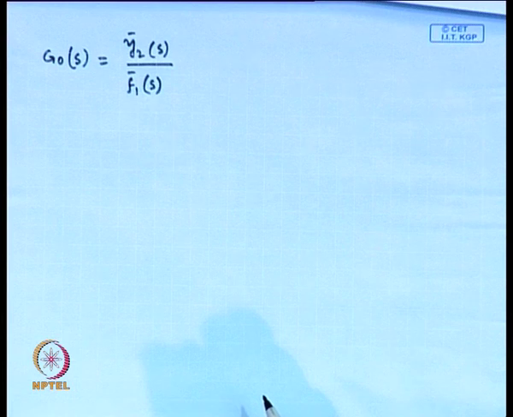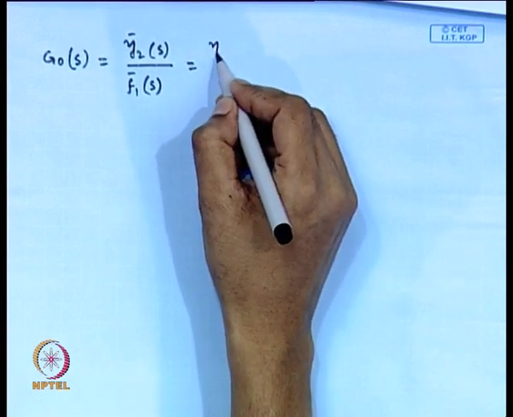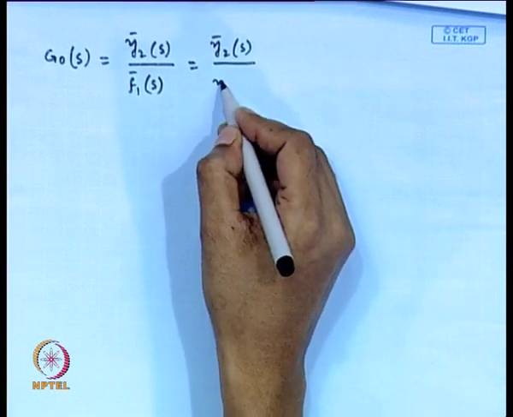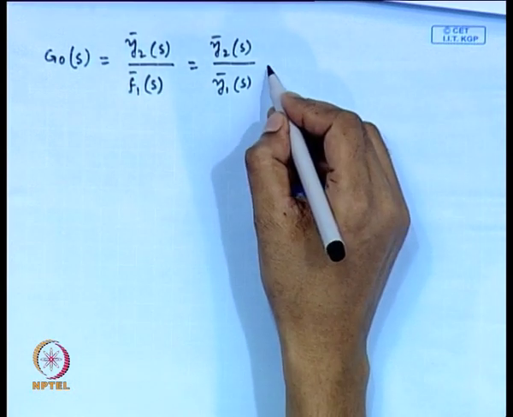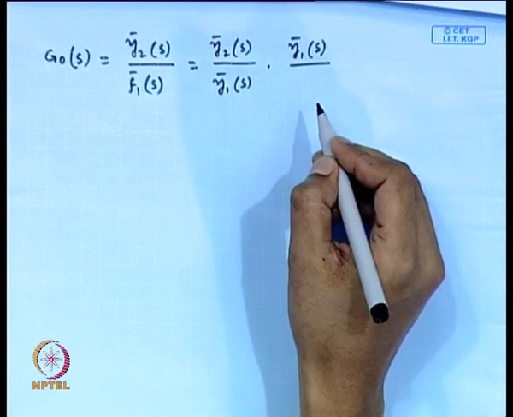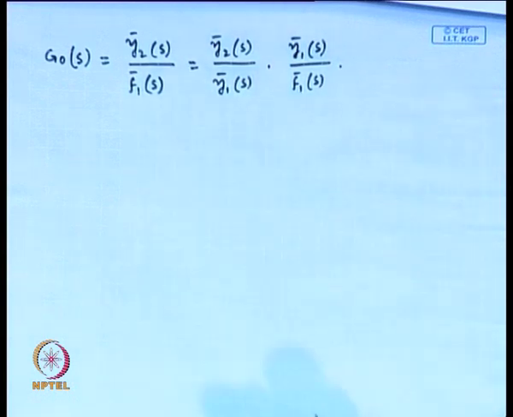For the overall system, y 2 is the output and f 1 is the input. So, we can write this as y 2 bar s divided by y 1 bar s multiplied by y 1 bar s divided by f 1 bar s. Agree?